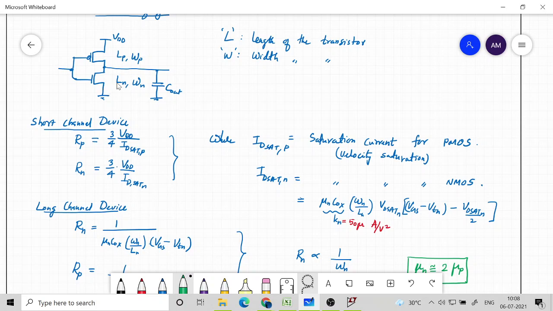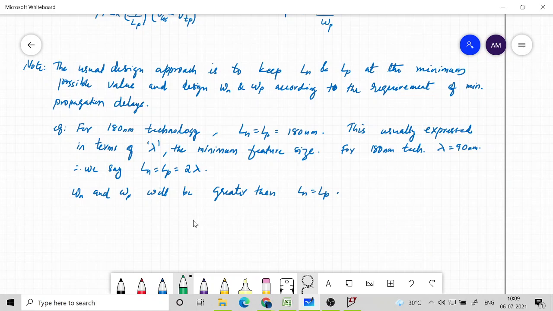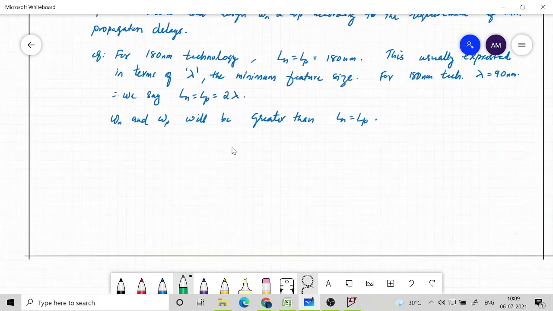So if L is 2 lambda, Wn could be 4 lambda by 2 lambda. And if that is the case for NMOS, then for PMOS W by L will be 8 lambda by 2 lambda. In that way we have to decide the size, and for this we have what is called a reference inverter.